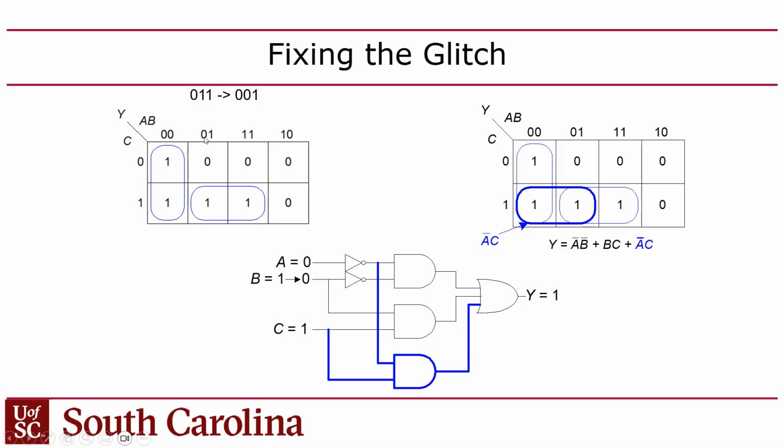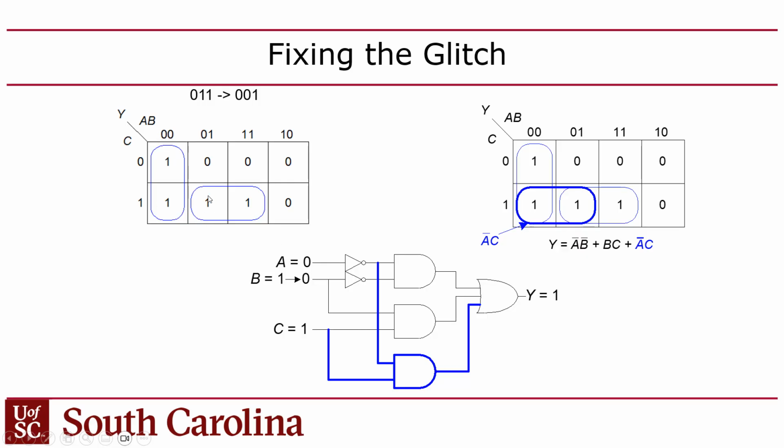One term is B and C, so that's the bottom AND gate. And then this circled term is not A, not B, so this circled term is the top AND gate.